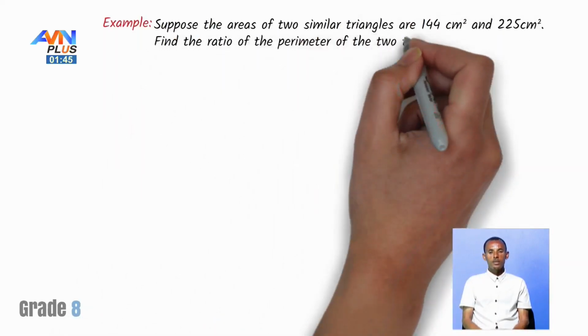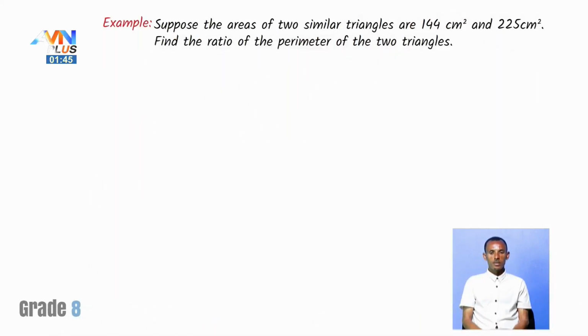Suppose the areas of two similar triangles are 144 centimeters square and 225 centimeters square.